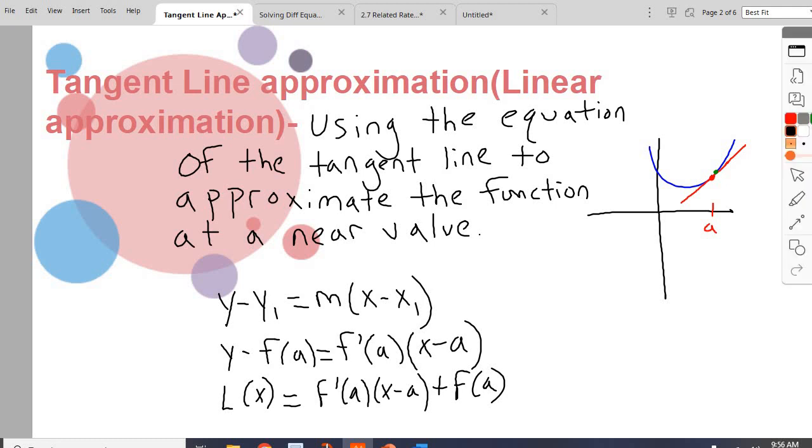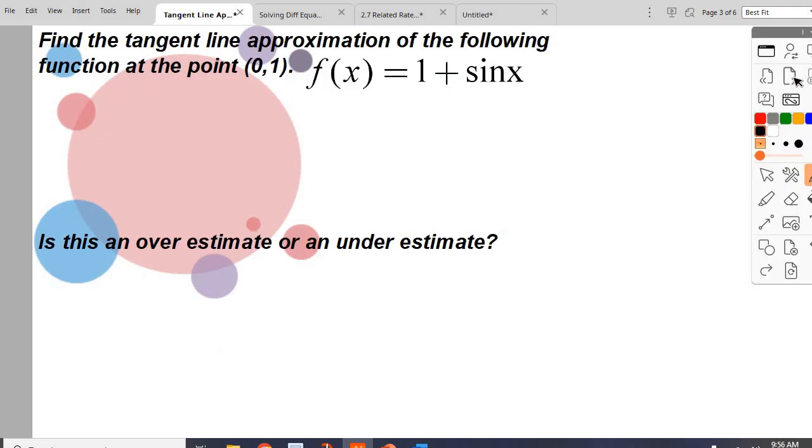Okay, so let's look at some notes. It says find the tangent line approximation of the following function at the point 0, 1. Let's do 4. X equals 0.1.